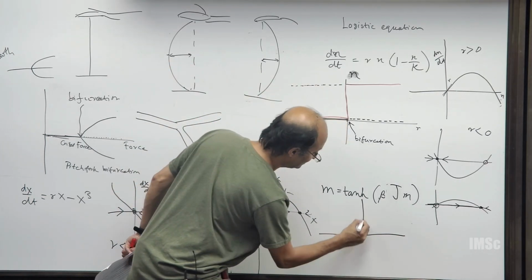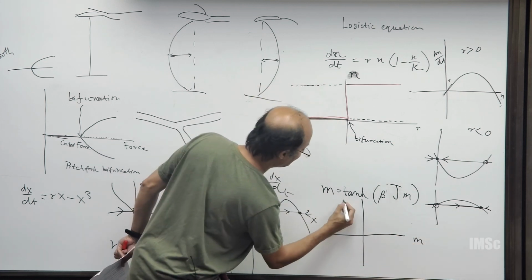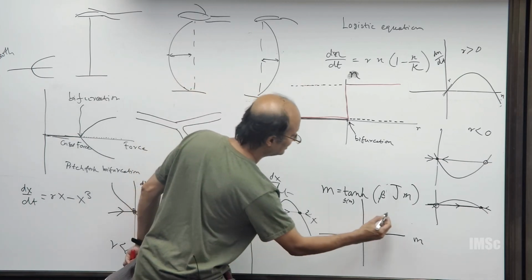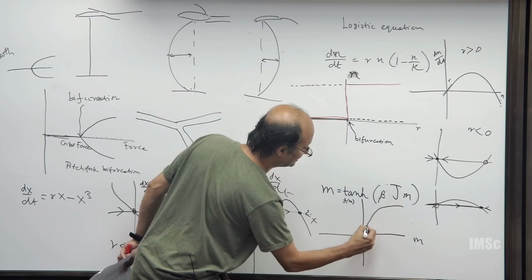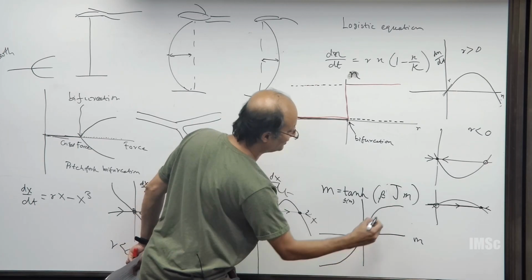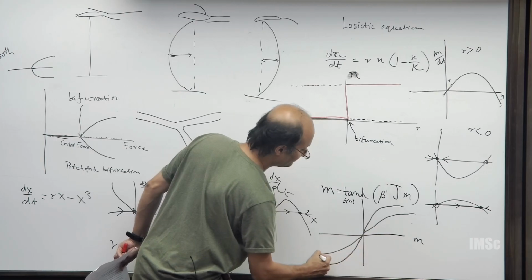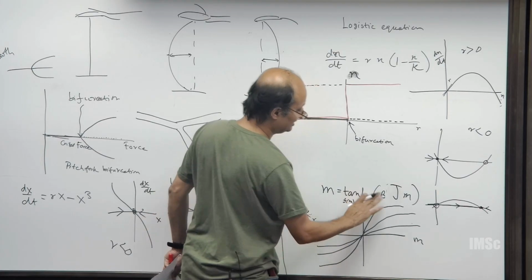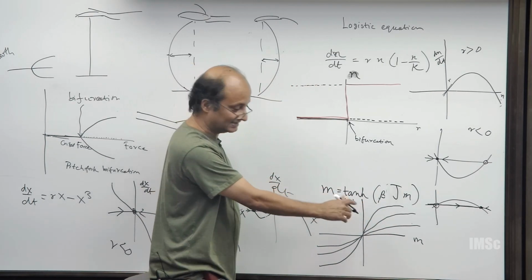So let me just call it beta J m, right. So how will it look? This is my m and here I am plotting f of m. Since tanh looks like this, for various values of beta, as I gradually decrease my beta, in other words temperature is increasing.